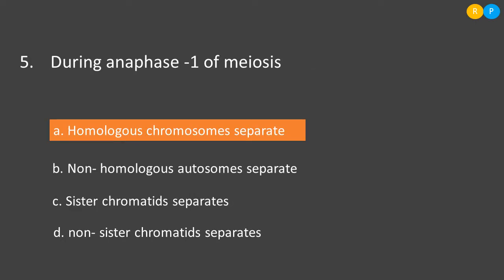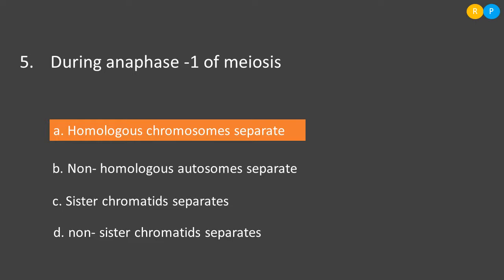Our fifth question: during anaphase 1 of meiosis. Anaphase 1 is one stage of meiosis 1. In anaphase 1, the chromosome number is reduced to half. To cause the reduction in the number of chromosomes, the homologous chromosomes get separated here.